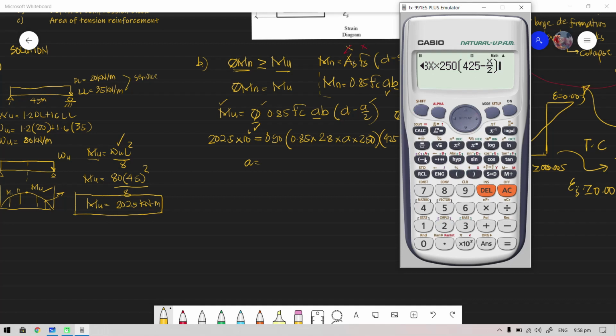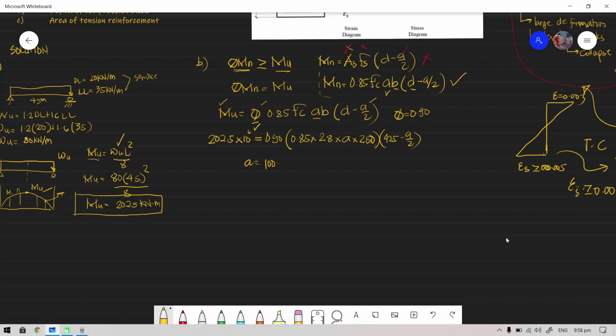Okay. Kaya na ng calculator yan. So, A is 100.97 mm. Hindi na natin i-check. Basta ito na yung A. Okay? Ito na yung depth of compression block.